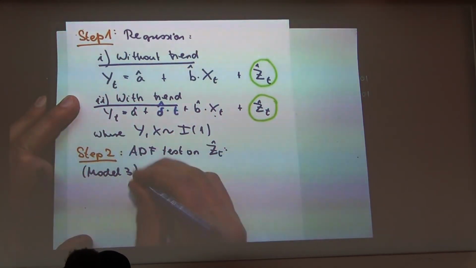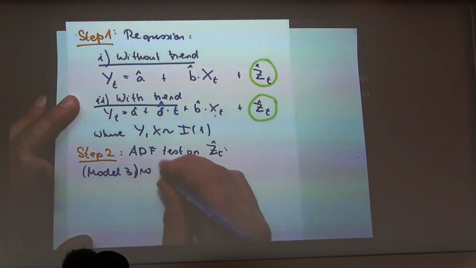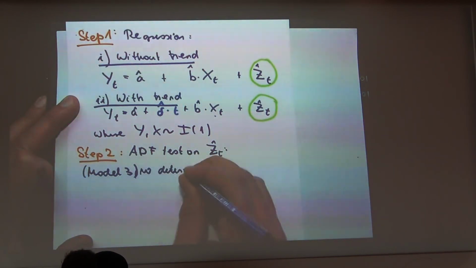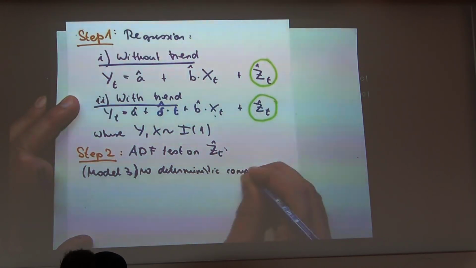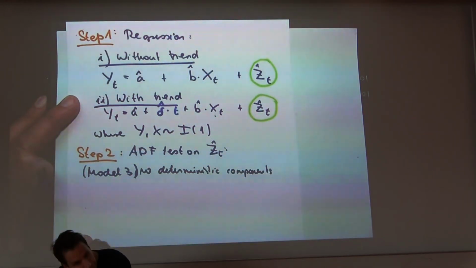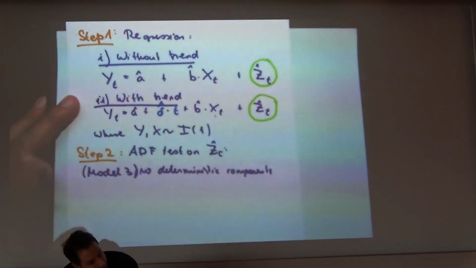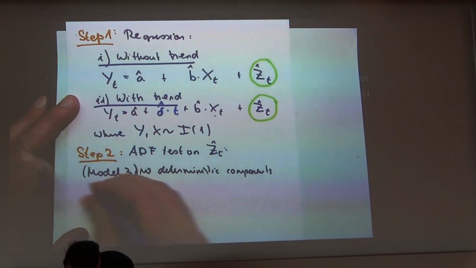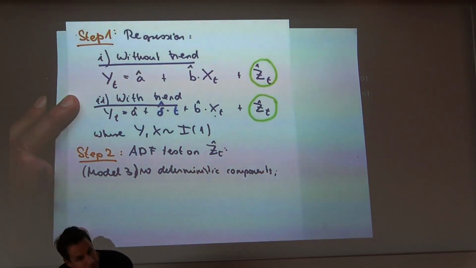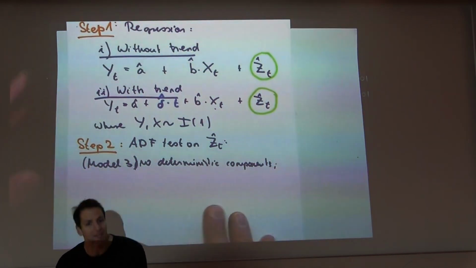Let me just add here, model 3: no deterministic components, so no linear trend, no constant, no intercept, nothing. The reason for that is that the mean of the residuals is 0 by construction.